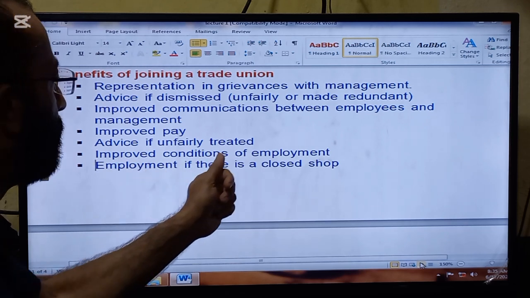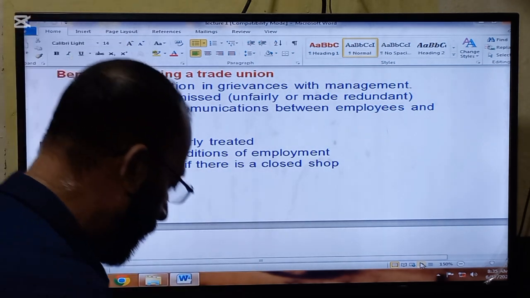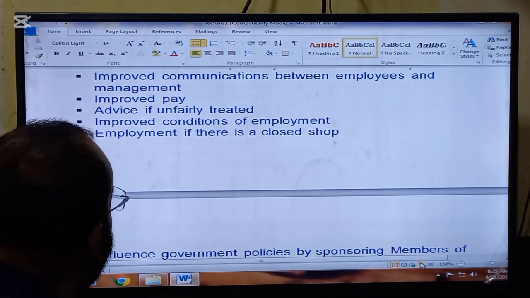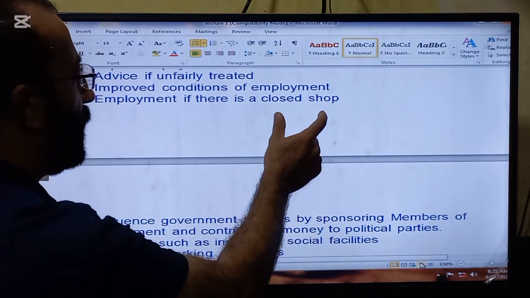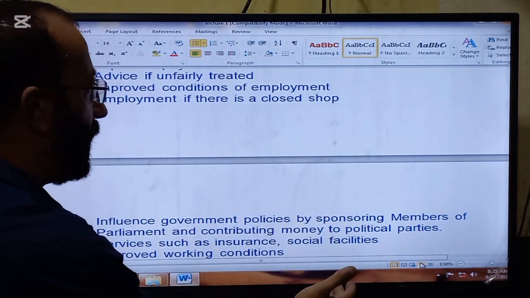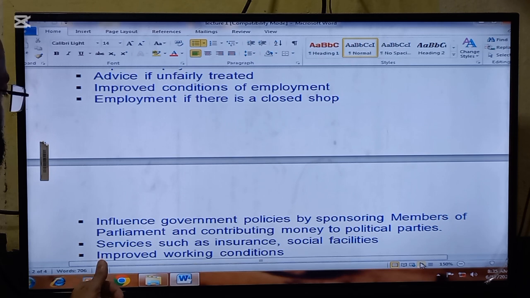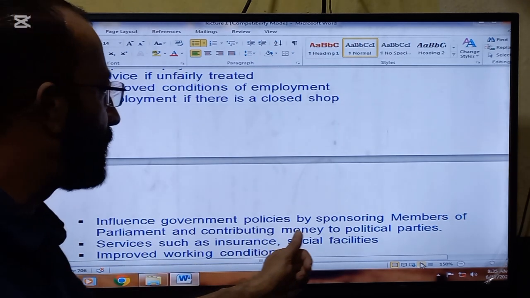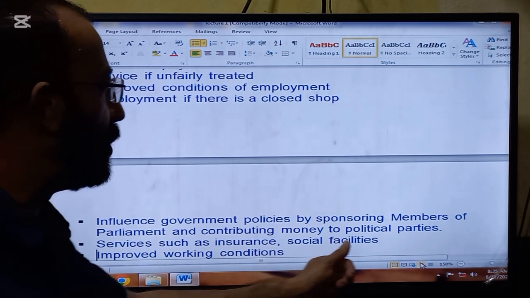advice if unfairly treated, improved conditions of employment, employment if there is a closed shop. This thing will be explained later in the lecture, what is meant by the closed shop. Influence government policies by sponsoring members of the parliament and contributing money to the political parties.